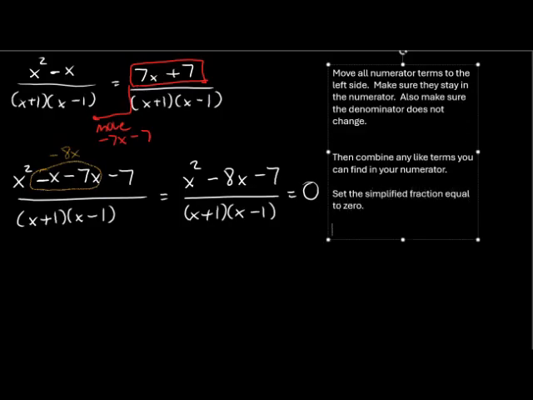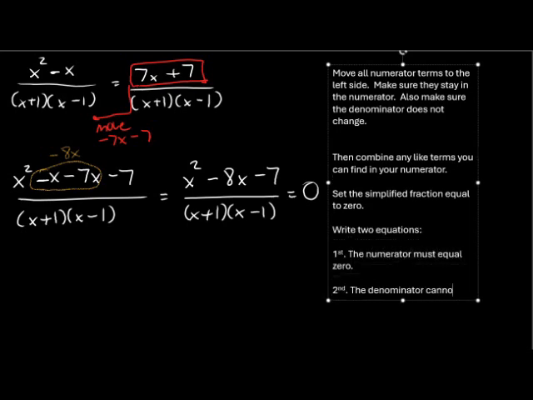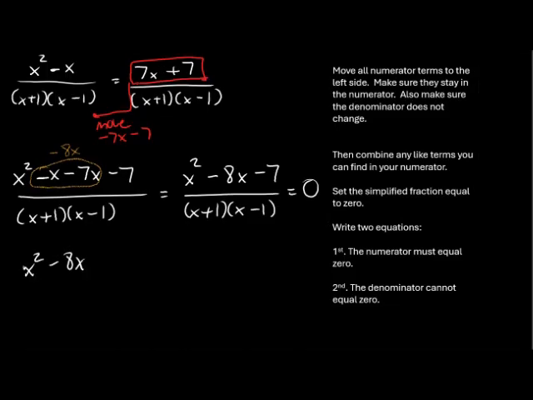With that in mind, we will write two equations at this point. We will say that our numerator is equal to 0 and our denominator cannot equal 0. Therefore, we'll write an equation that says x squared minus 8x minus 7 must equal 0. And then for our second equation, we will write x plus 1 times x minus 1 cannot equal 0.